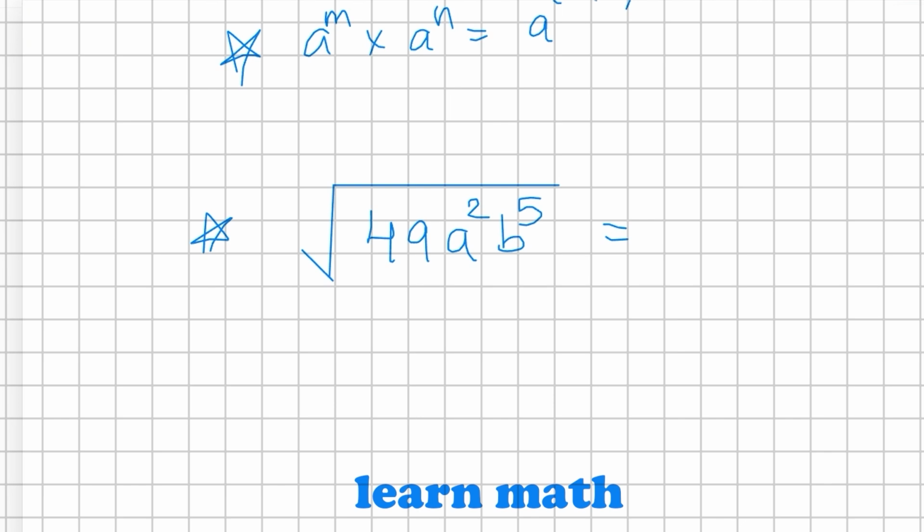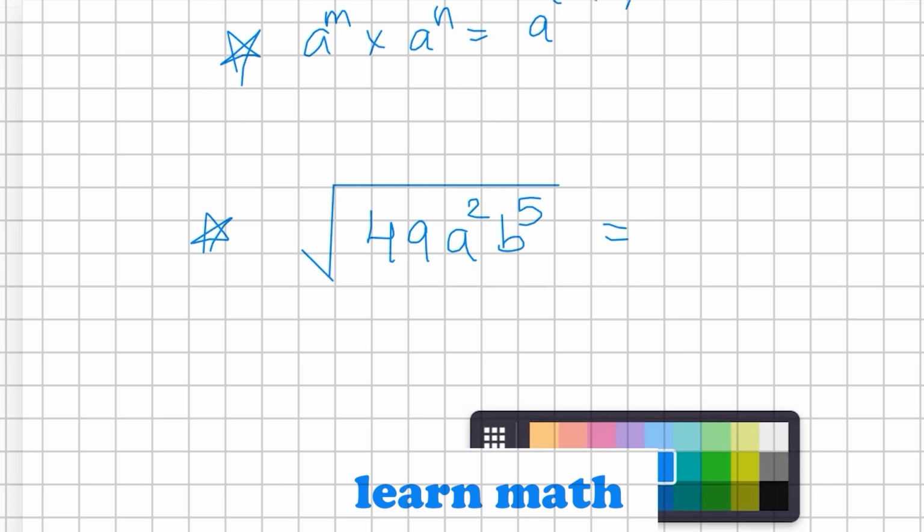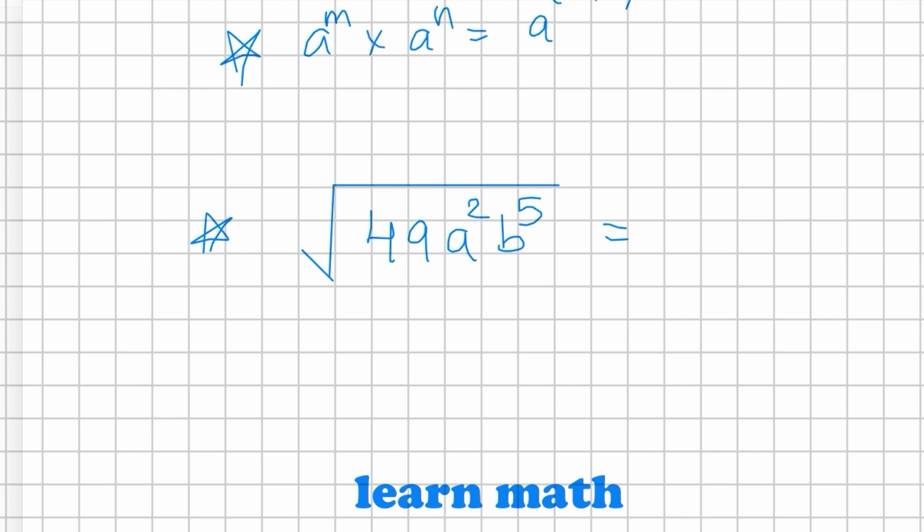This will be equal to 7 a, b to the power of 4 times b. See, inside the square root it is b to the power 4 times b.